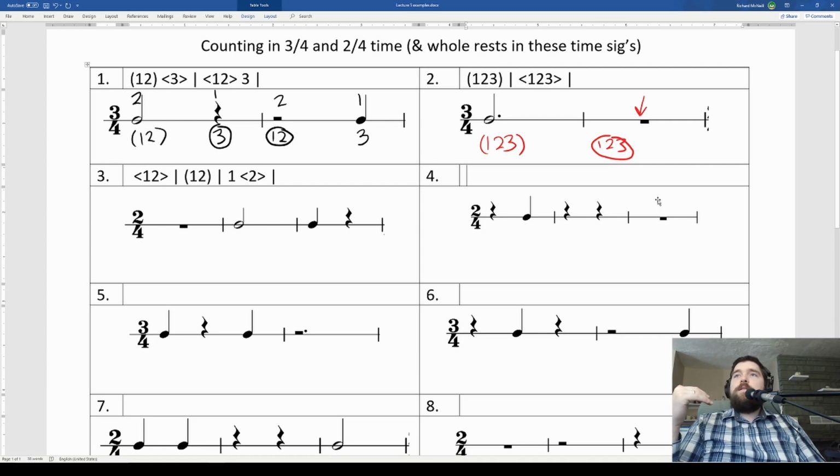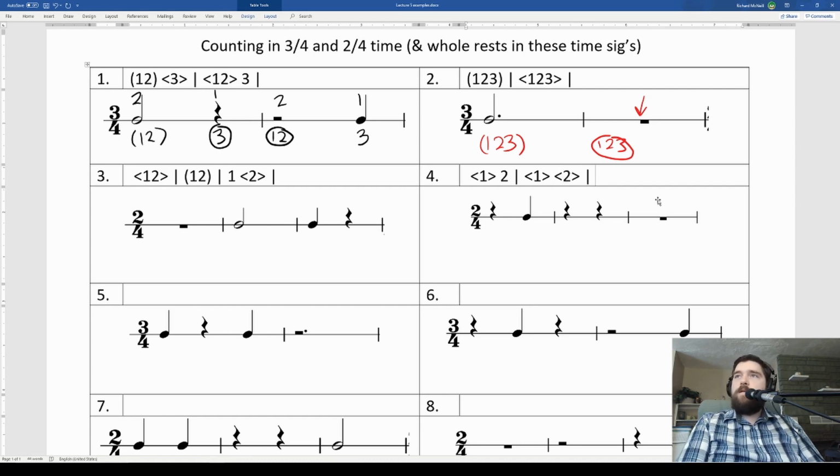Okay, now let's take a look at our final 2/4 measure here on these set of examples. That is 1 beat of rest there. Beat 2 goes with a quarter note. Then we have beat 1 going inside. Beat 2 is a rest.